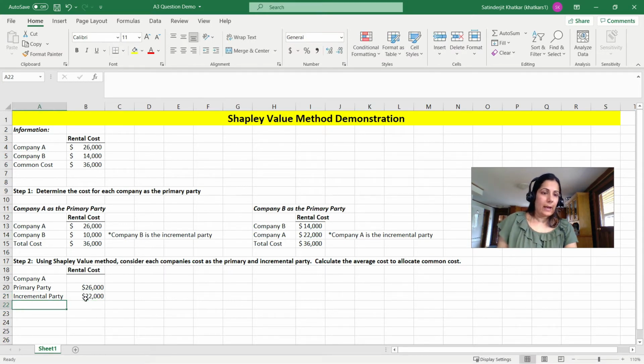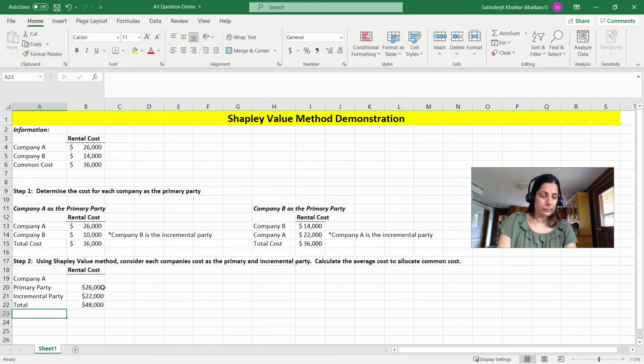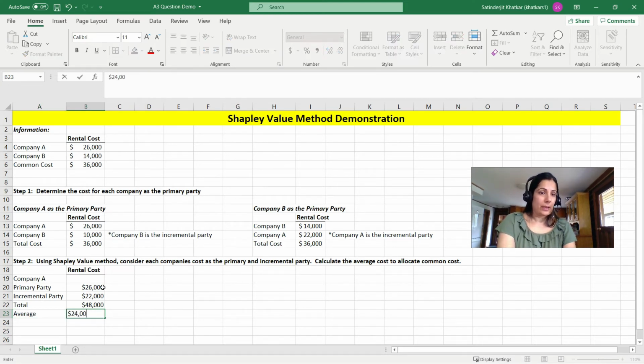You take the average of those two values. We'll do a total of $48,000, and the average of that total is $24,000. So this is the cost to be allocated to Company A.